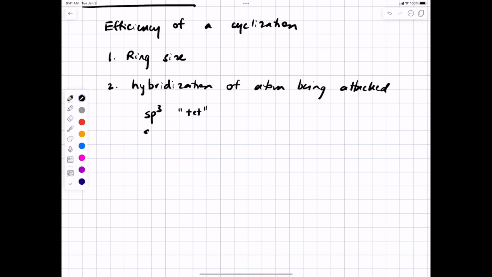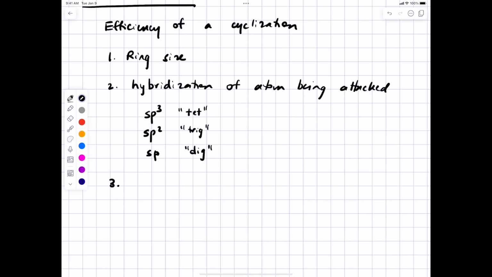If it's sp2, we call it trig for trigonal planar. And then this is the one where I'm like, okay, whatever. If it's sp, they call it dig. Di something or other, linear, I'm not sure exactly where it comes from, but if it's dig, that means the atom that gets attacked is sp.